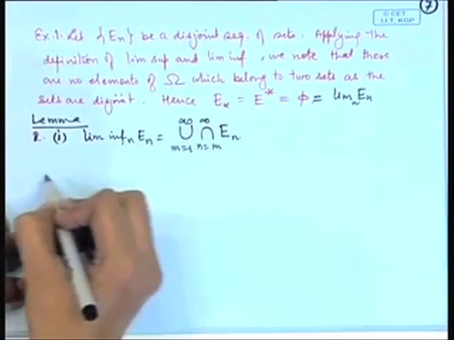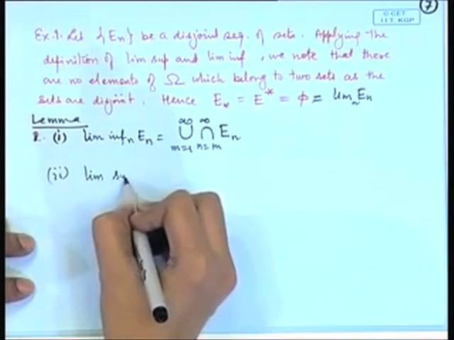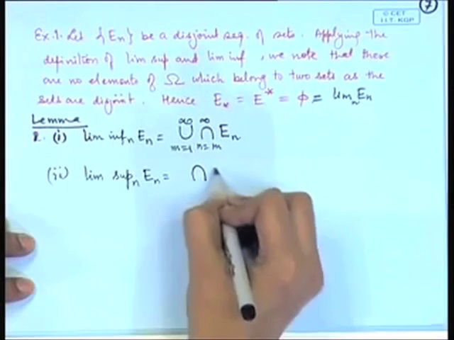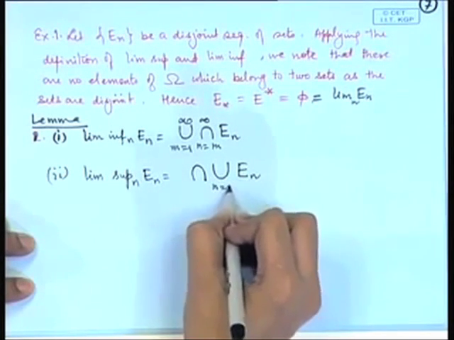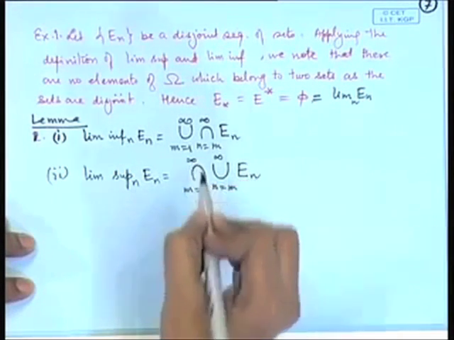In a similar way, limit superior can be written as intersection union of En, n is equal to m to infinity, m is equal to 1 to infinity.